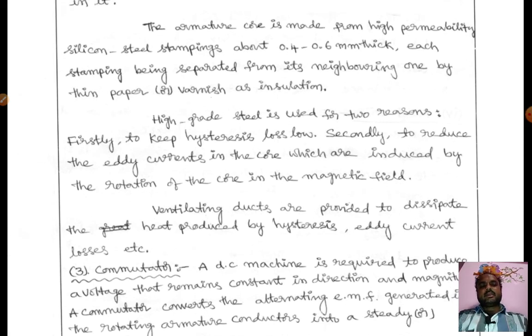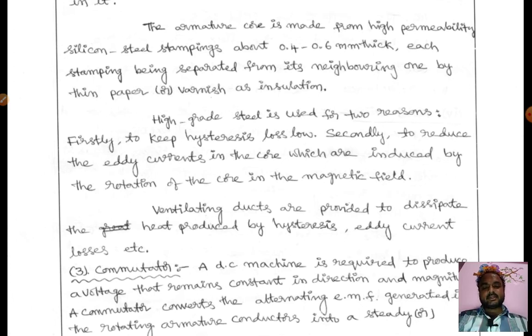The armature core is made of high permeability silicon steel stampings about 0.4 to 0.6 mm thickness. To reduce the eddy current losses, we are laminating the core with silicon steel stampings. So high grade silicon steel is used for two reasons.